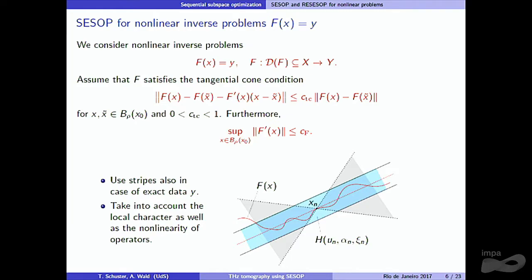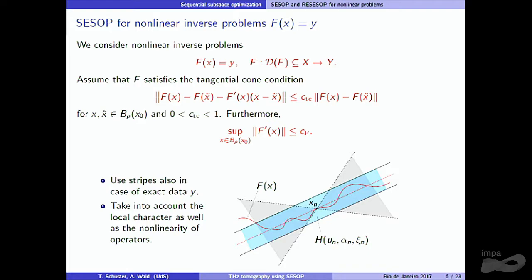And we furthermore assume some sort of uniform boundedness of the Fréchet derivative of F, such that the supremum in some neighborhood of the initial value, B_rho of x_0, a ball of radius rho centered about x_0, is bounded by a constant C_F.